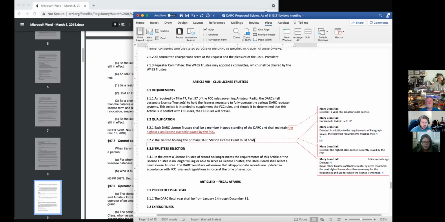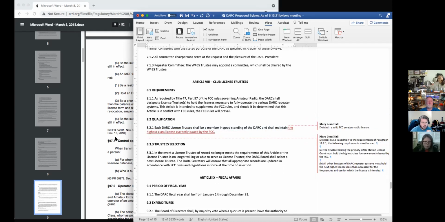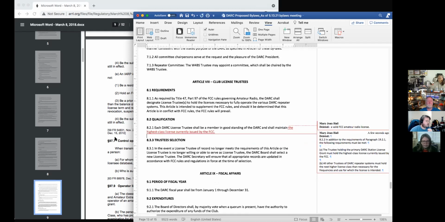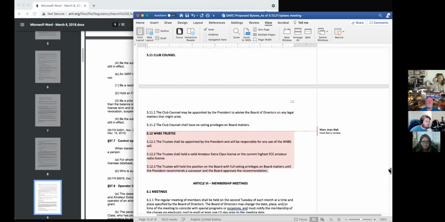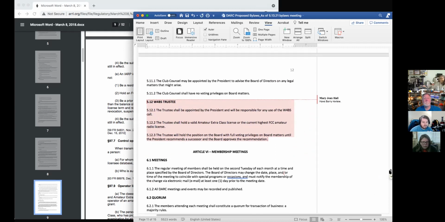Probably right. But that's more about the board. Shall have an amateur extra class license or the current highest FCC amateur radio license.